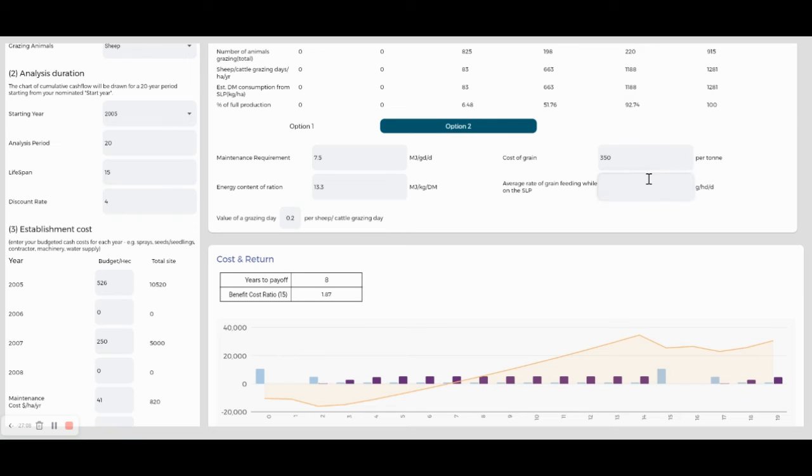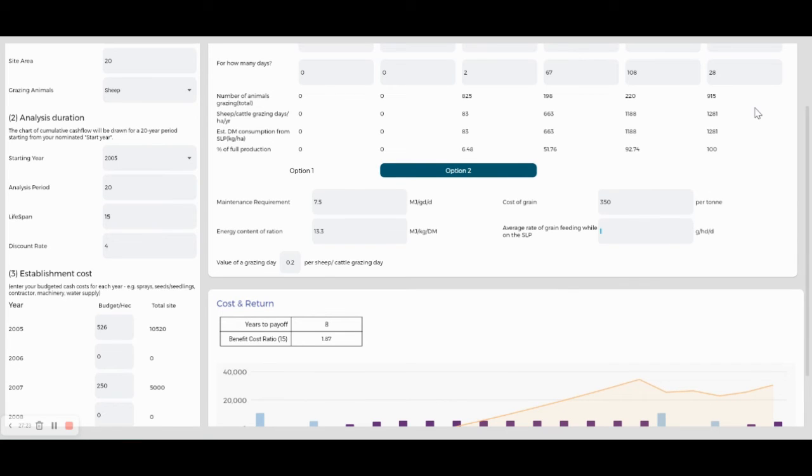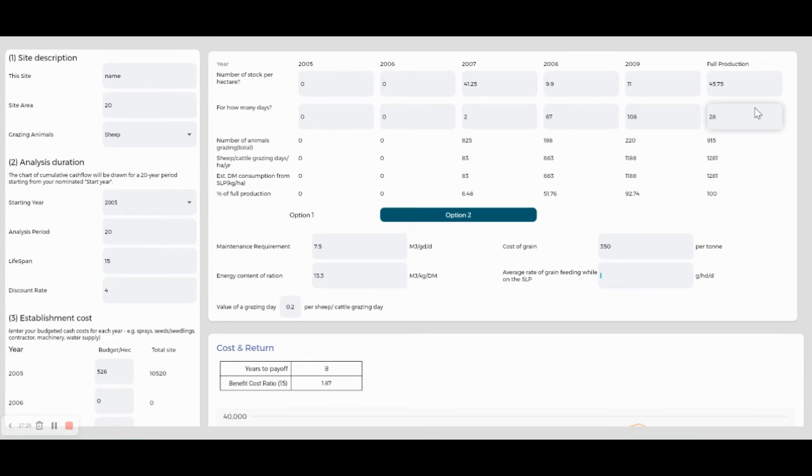And there's also an option here to enter the average rate of grain feeding while on the saltland pasture. We'll just scroll up a little so we can see our grazing assumptions. So this cell is asking, while achieving this grazing that's been entered up on the top, so let's look at the full production value where we're grazing with 46 sheep per hectare for 28 days, how much grain feeding was fed while doing that?